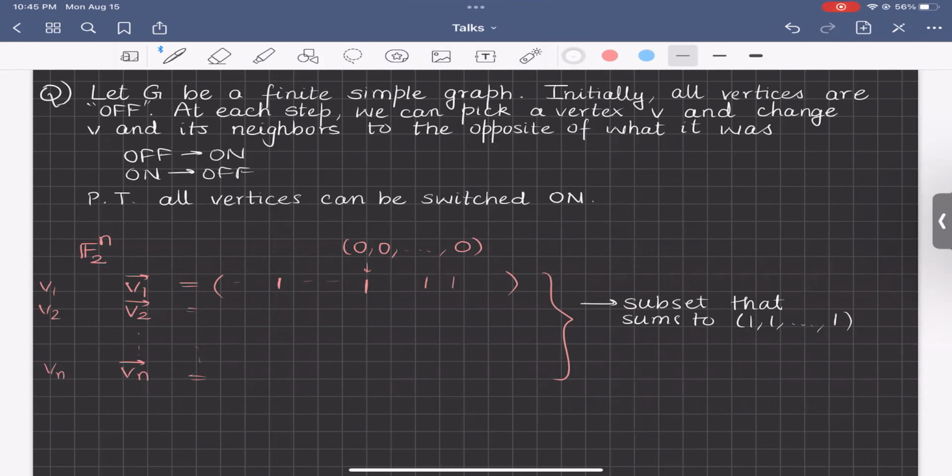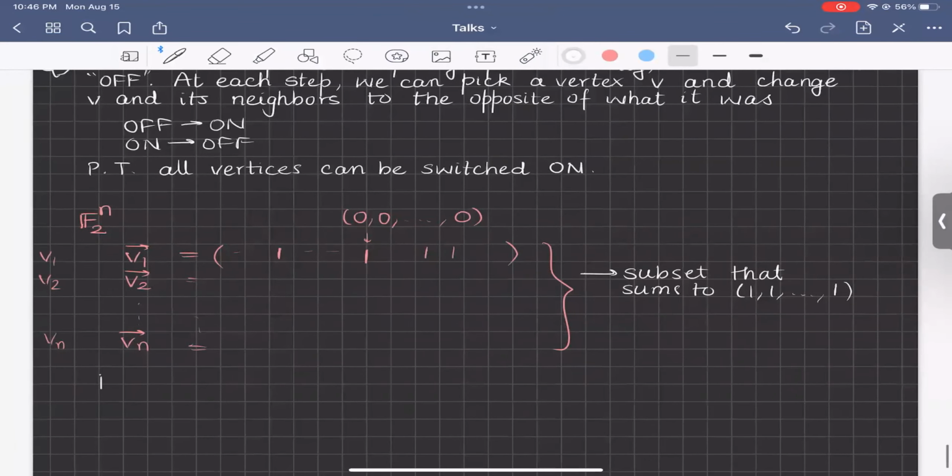It also satisfies another property: the jth position of Vi must be equal to the ith position of Vj, right? Yes, you're right. Wait, what are V1, V2, Vn defined to be?